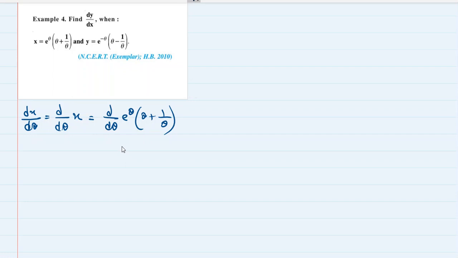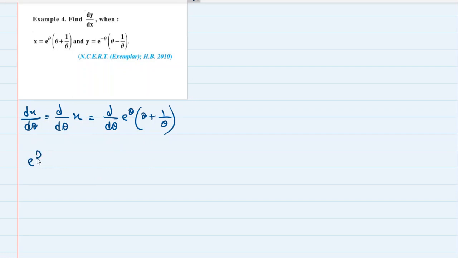The two terms are e raised to theta and theta plus 1 by theta. So the product rule we have to apply is: first term multiplied by the differentiation of the second term, plus the second term multiplied by the differentiation of the first term. Okay, so let's do that.